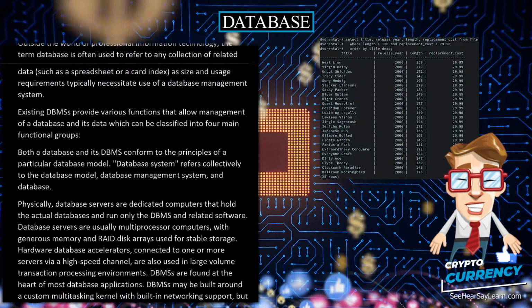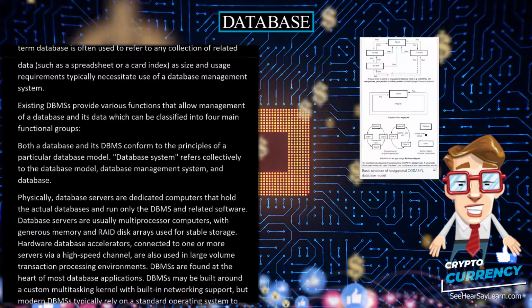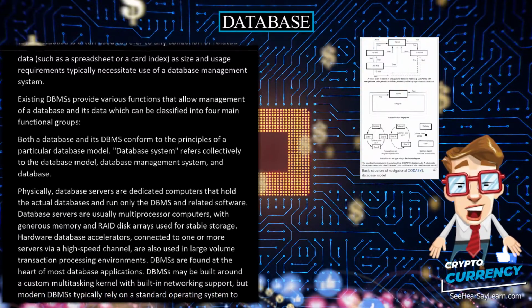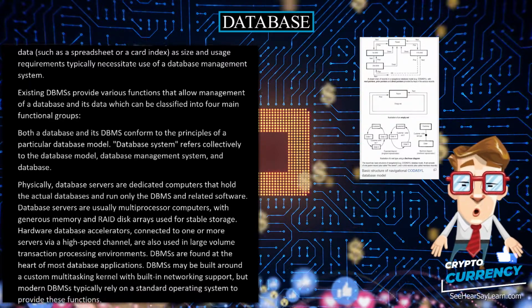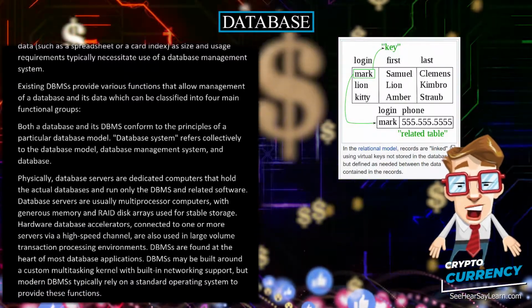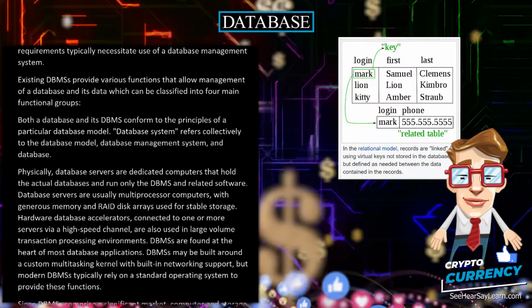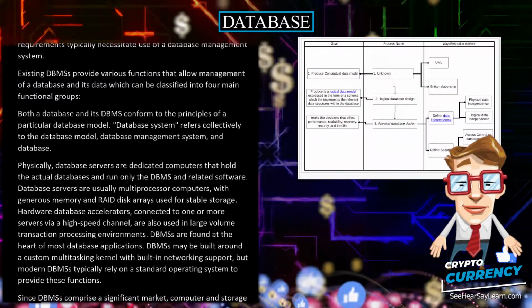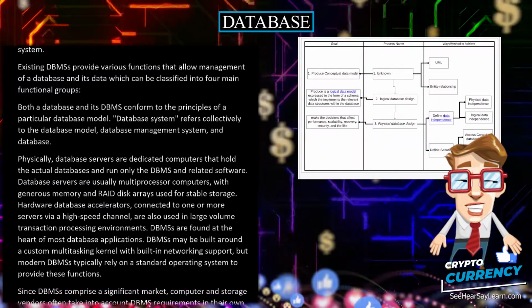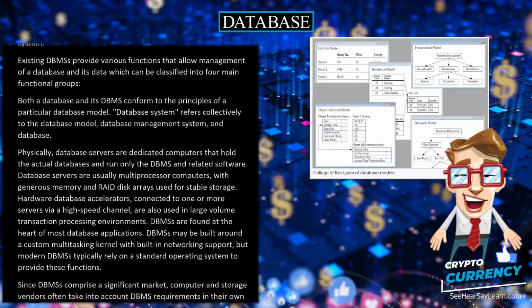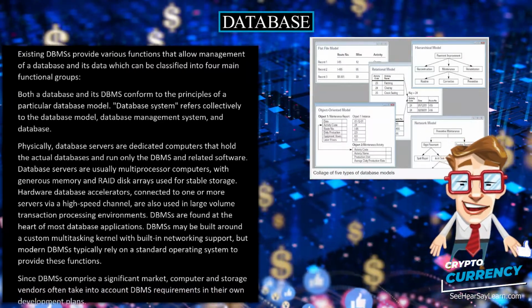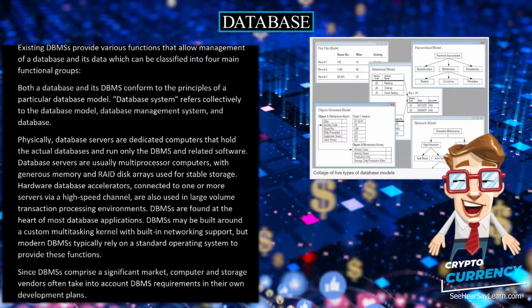Both a database and its DBMS conform to the principles of a particular database model. Database system refers collectively to the database model, database management system, and database. Physically, database servers are dedicated computers that hold the actual databases and run only the DBMS and related software.